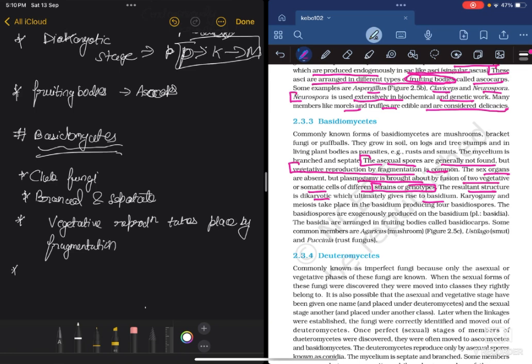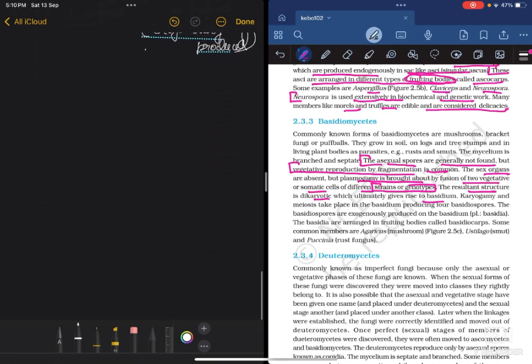Here also the dikaryotic stage is present, that is PKM, and sexual reproduction occurs through basidiospores, which are exogenously produced. Karyogamy and meiosis take place in the basidium, producing 4 basidiospores.